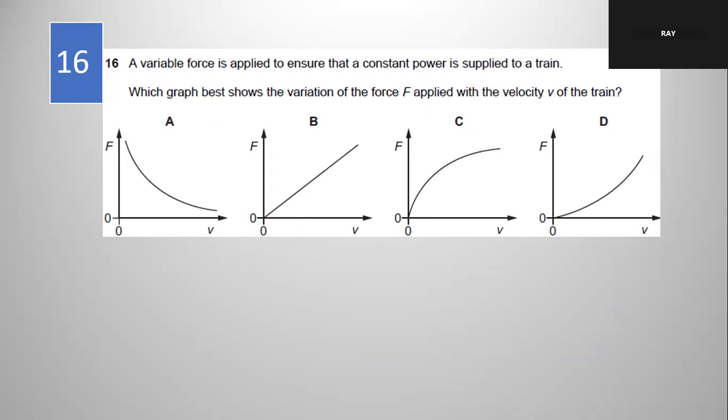Using this formula, P equals Fv. P is constant power. So it's inversely proportional. Inversely proportional.